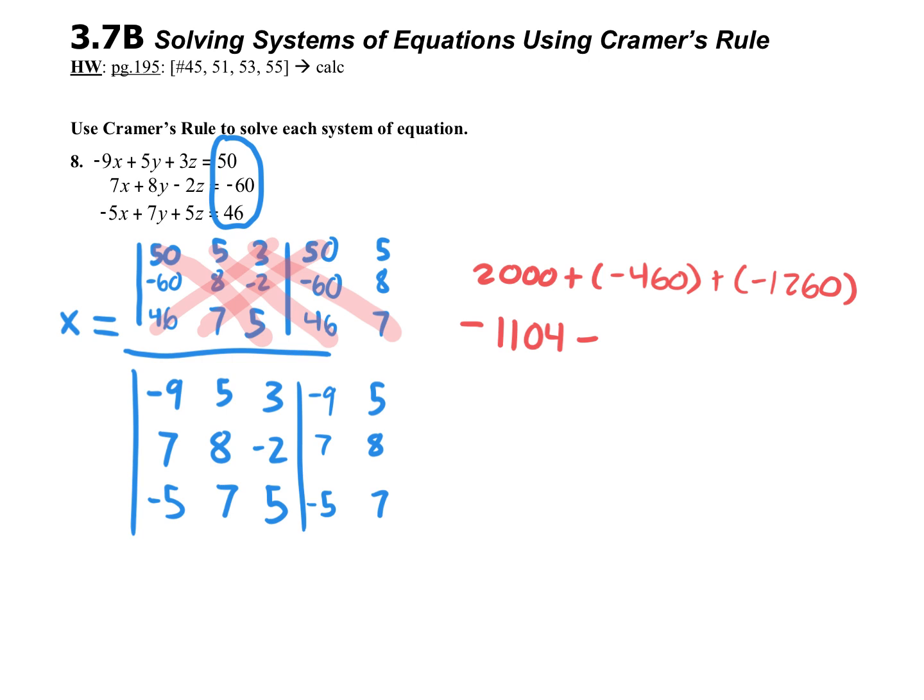Negative 14 times 50 is negative 700. And remember, we're subtracting negative 700, so it's going to turn into addition. And then our last product for the numerator is going to be 5 times negative 60 times 5, which is negative 1,500. So that one is another double negative.